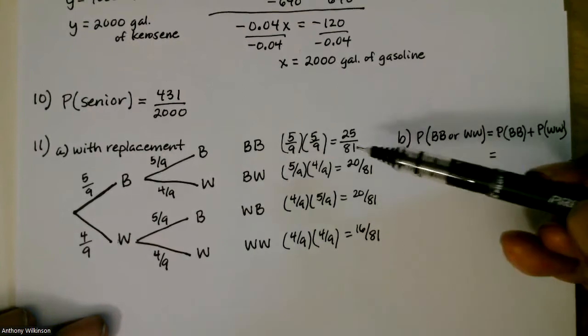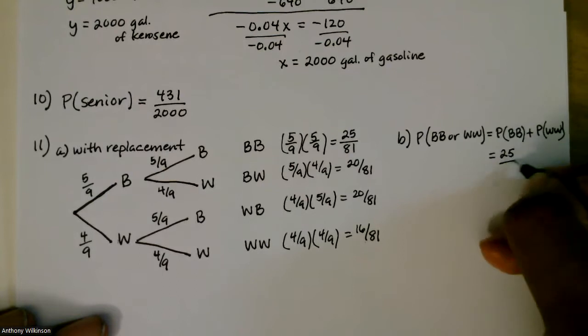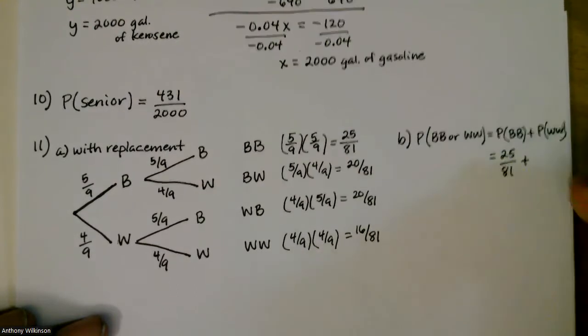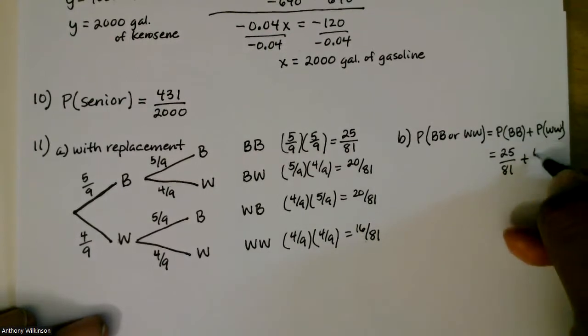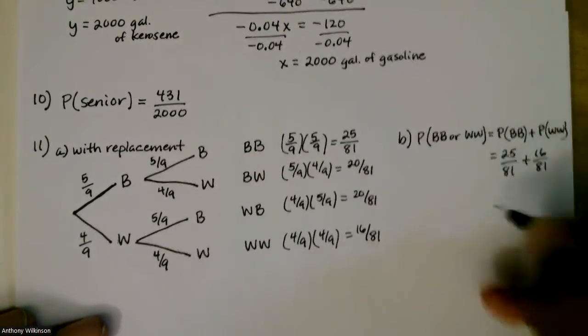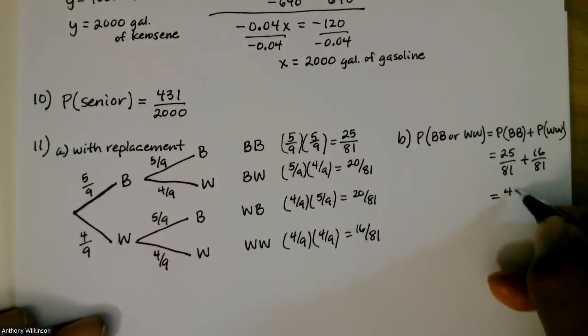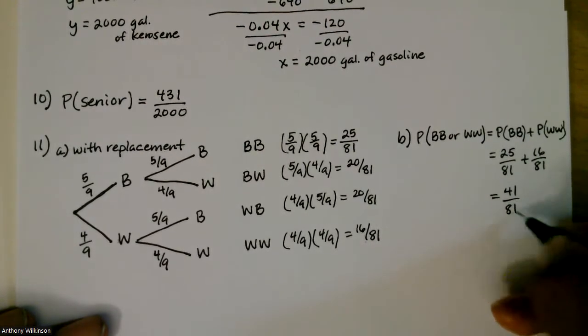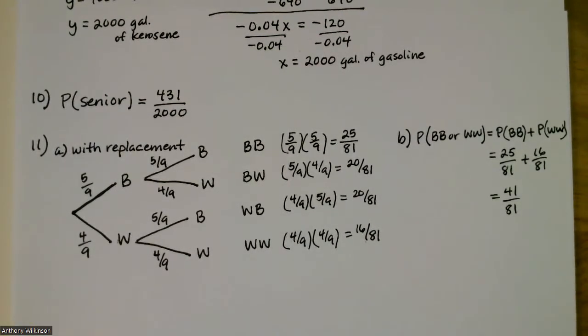So the probability of selecting 2 black balls was 25 over 81 plus the probability of selecting 2 white balls, that was 16 over 81. And if we add 25 over 81 to 16 over 81, that would give us 41 over 81. And that would be in its simplest form. Okay, so that's part B, finding that probability.